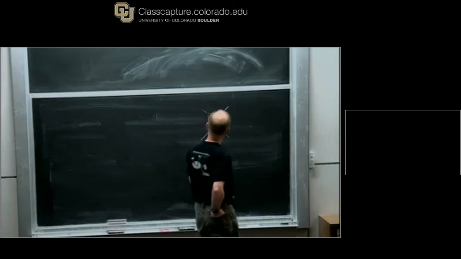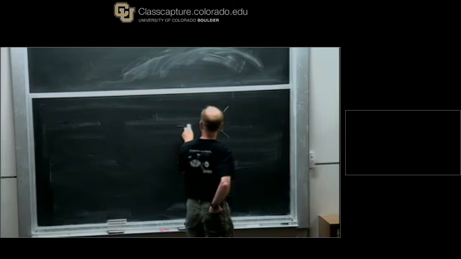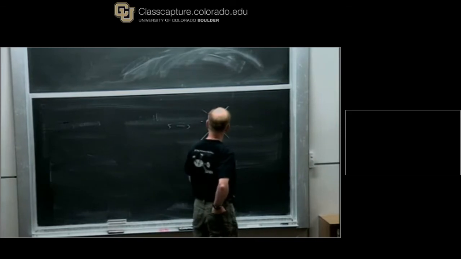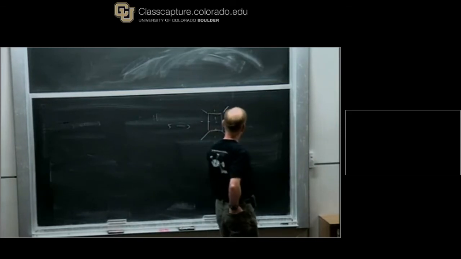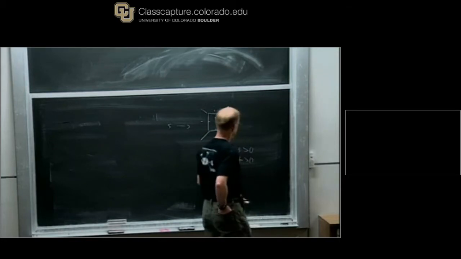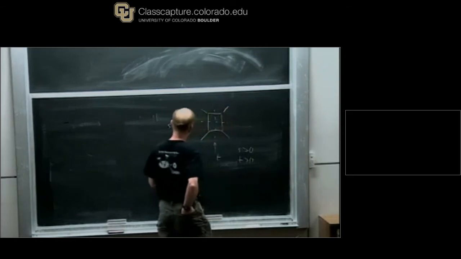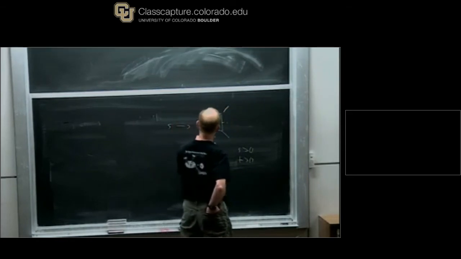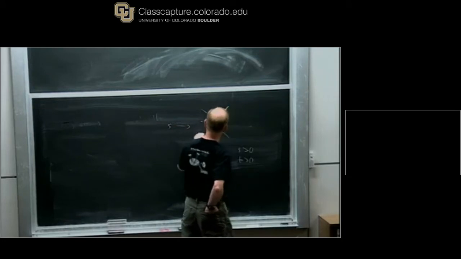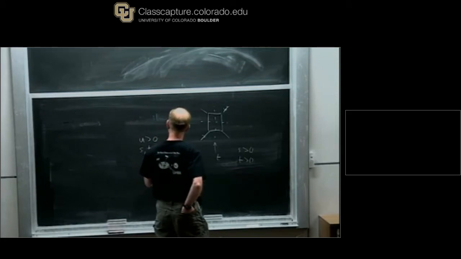And this thing will have branch cuts in the, let's call this S and this T. So this will have branch cuts if S is greater than 0 and branch cuts if T is greater than 0. So if we want to have a Euclidean region for it, we do have one choice: the U channel corresponds to these two particles coming in. And so if we work in the channel where U is greater than 0 and S and T are less than 0, then that's a Euclidean region.